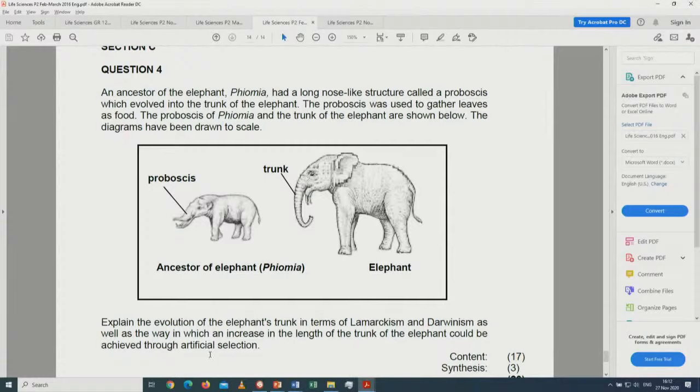In this question now, you apply the theory of natural selection by Charles Darwin to explain evolution, and the theory of Lamarckism. Remember now, Lamarck states the law of use and disuse. If a certain body organ is kept being used frequently, then the longer or better it gets, or stronger it gets.